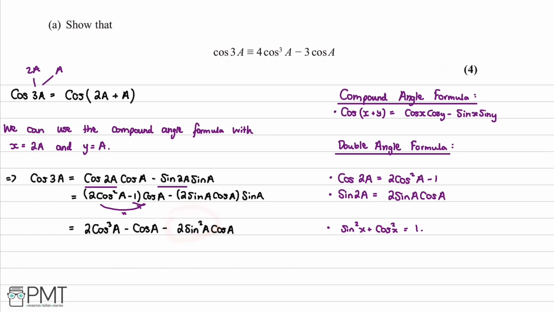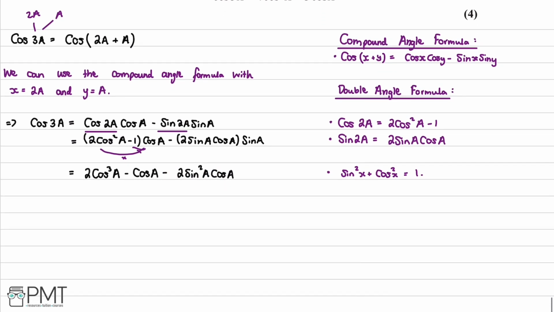Bearing in mind we have 2 sine squared a, we'll do this in purple over to the side here, and we have that 2 sine squared x is going to be equal to, we multiply everything by 2, so 2 minus 2 cos squared x.